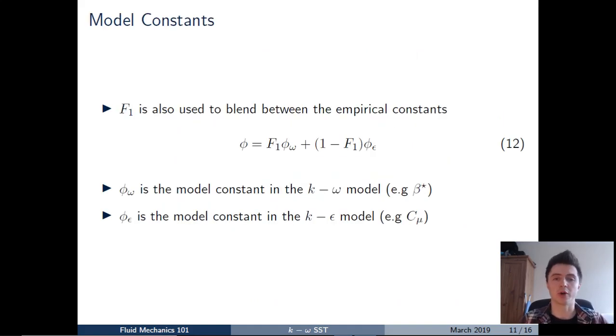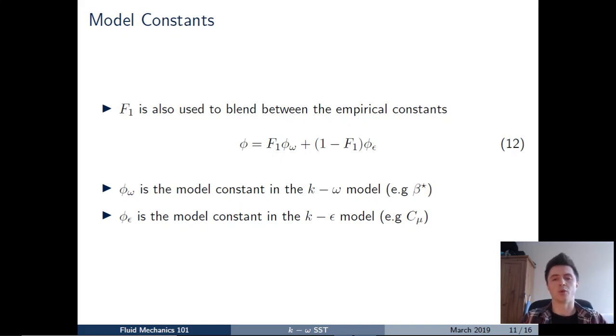And as a small side point, we should also note that f1, in addition to blending the equations together, also blends the empirical constants between the k omega model and the k epsilon model. We do that just using a linear interpolation given by equation 12.